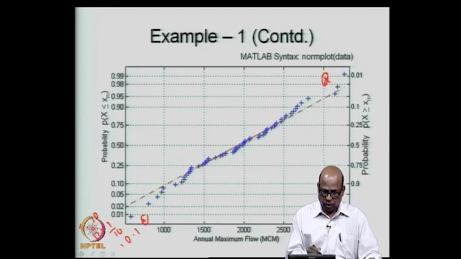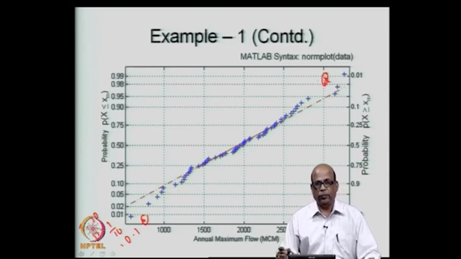Now, these are quite far away from the theoretical straight line compared to most other values. For most other values, you may say that the departure is only a very small random deviation from this straight line and therefore it can be accepted. Whereas, there may be some values which are far away from the theoretical line. These are called the outliers.